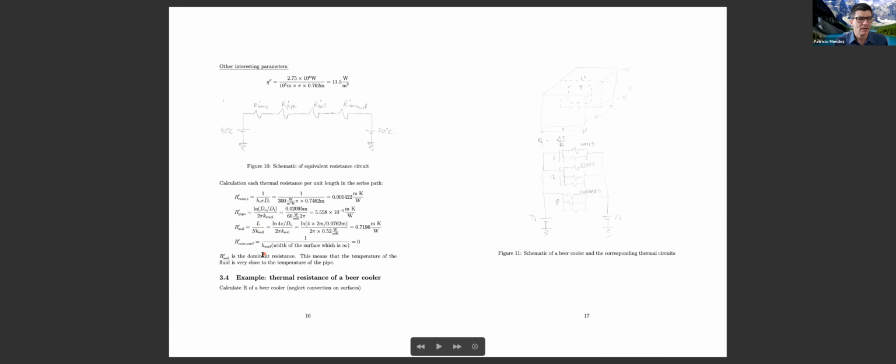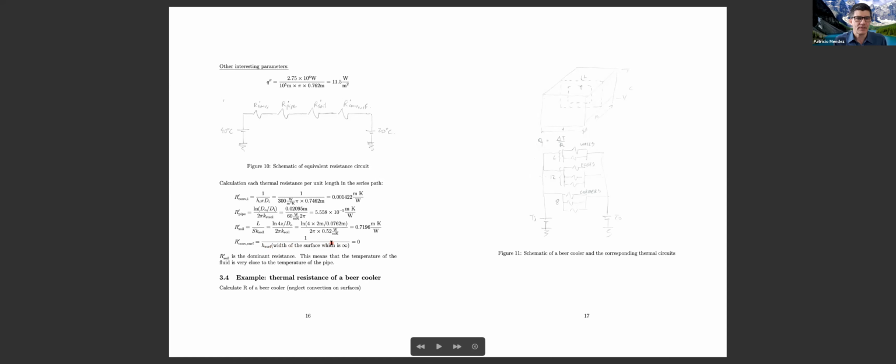Enormous. The resistance of convection on the surface would be length divided by the h of the surface, which is more or less 10, but by a width that is infinite. So this is essentially 0 because we have a very large width.